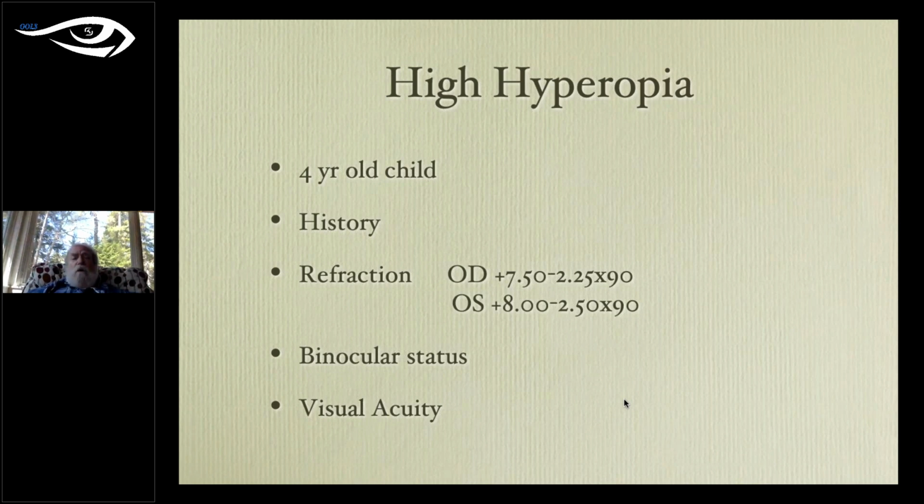When those pupils constrict, you know the kid is using accommodation, and therefore you're getting an anomalous retinoscopic prescription. You want to try to get that kid to look far away, relax accommodation, and then you'll get something closer to a cycloplegic refraction. If those pupils are small, you're getting almost the opposite of a cycloplegic refraction.